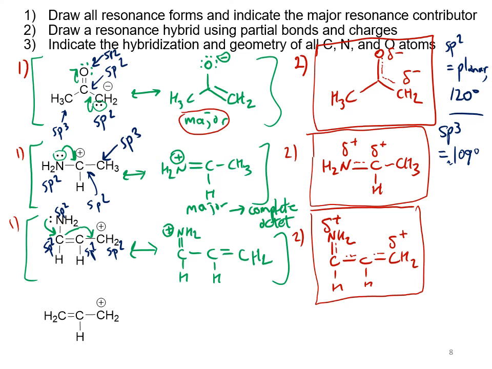Okay, last example here is actually the allyl cation, right? These pi electrons can move and be shared with the opposite carbon, and so we get this pair of resonance structures where we have a carbocation on this carbon.